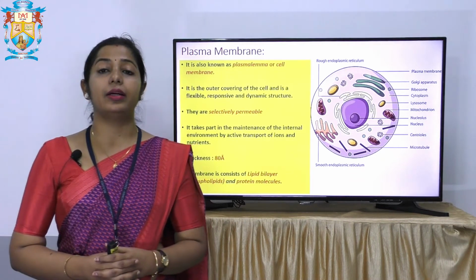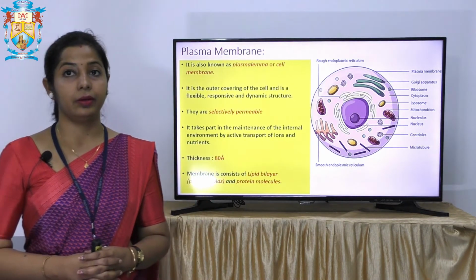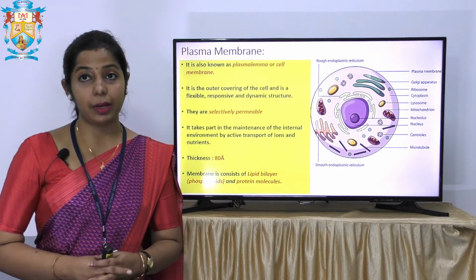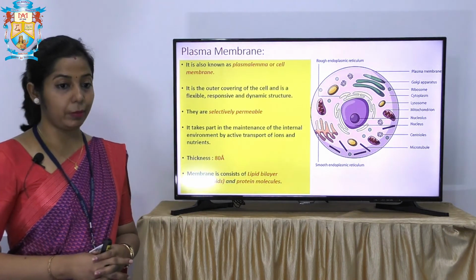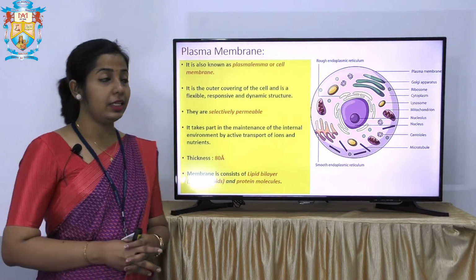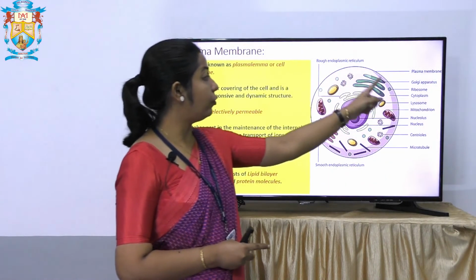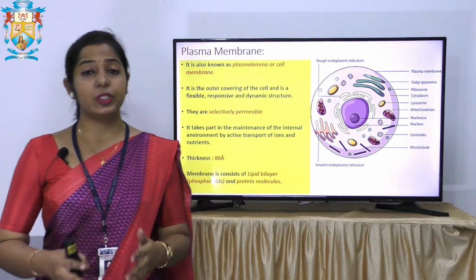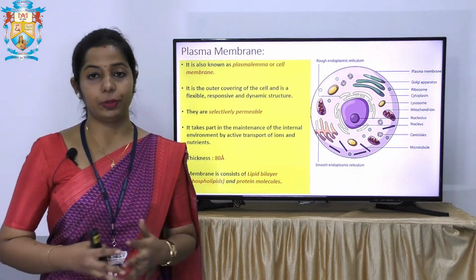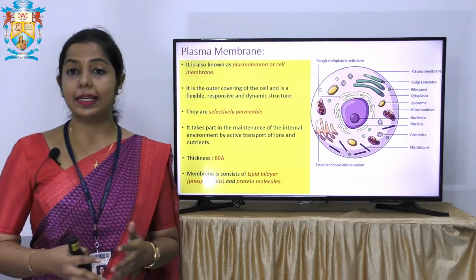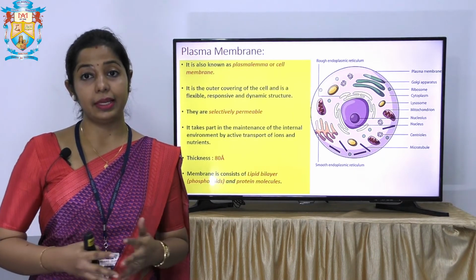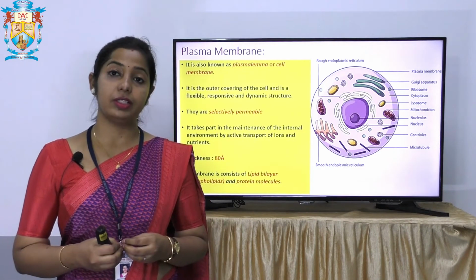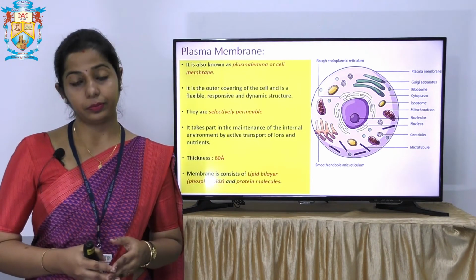First, we will take up the plasma membrane. Plasma membrane is also called plasmalemma or cell membrane. It is the outer covering of the cell, and it is a very flexible, responsive and dynamic structure. It is selectively permeable, meaning it allows certain ions or nutrients across the membrane.